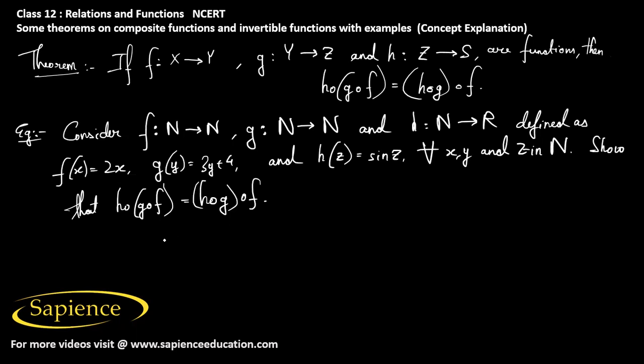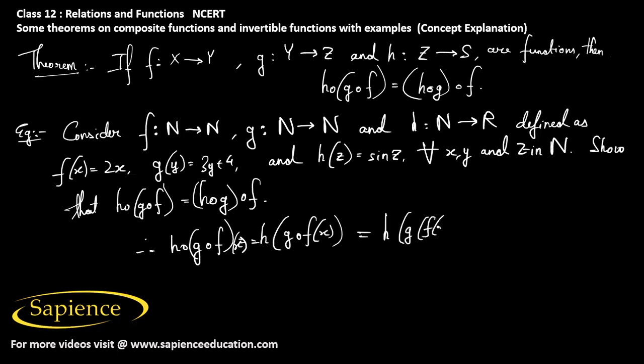So now, h∘(g∘f) of x can be written as h of g of f of x. So that is equal to h of g of, now f of x is 2x.